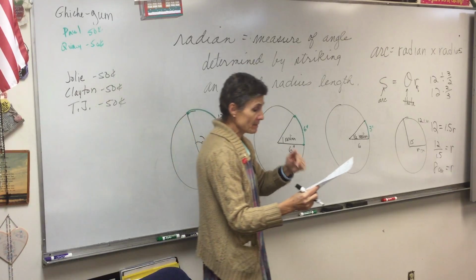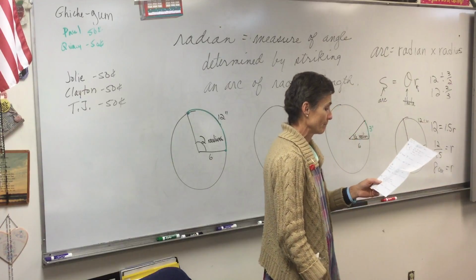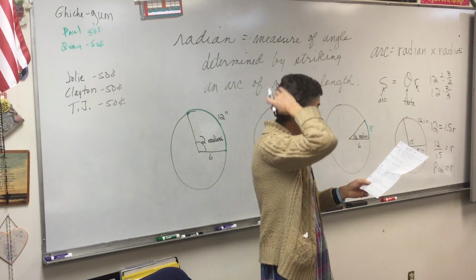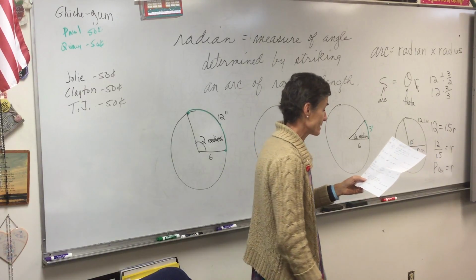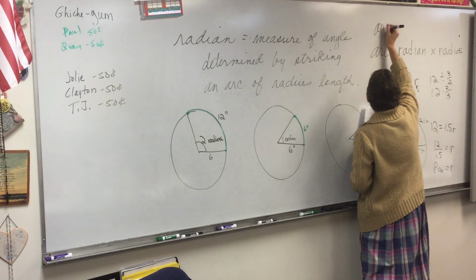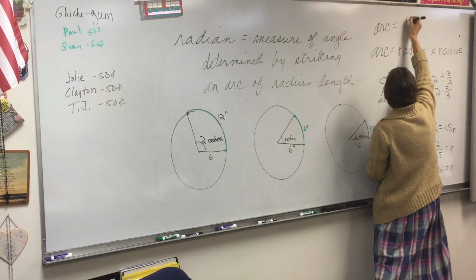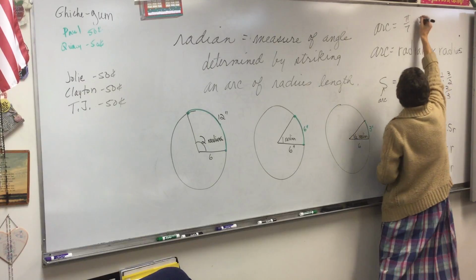All right, skip down to question 2 on the quiz below. It's the same question. Find the arc length given the central angle is pi over 7 radians and the radius is 10 feet. Find the arc length given the radian measure is pi over 7 and the radius is 10.